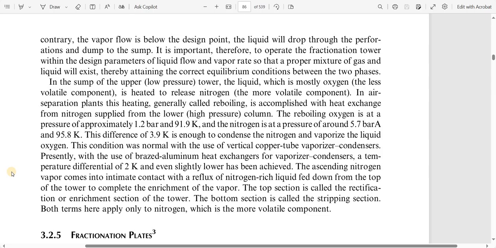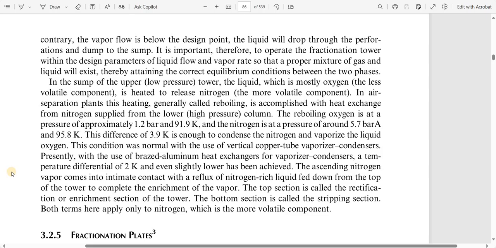This condition was normal with the use of vertical copper tube vaporizer condensers. Presently, with the use of brazed aluminum heat exchangers for the vaporizer condenser, a temperature differential of 2 Kelvin and even slightly lower has been achieved.